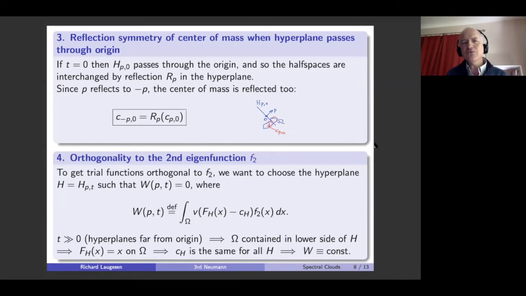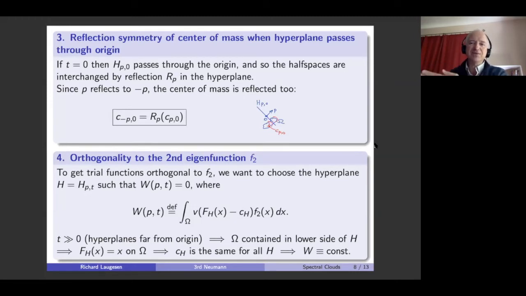And the reason you can get away with that is that when the hyperplane goes through the origin, it satisfies a certain symmetry property. And so, the picture is supposed to indicate here that when the hyperplane goes through the origin, if you reverse the direction of the hyperplane, reverse the p, and instead consider negative p, then what you've done is you've interchanged the two half spaces. Right?